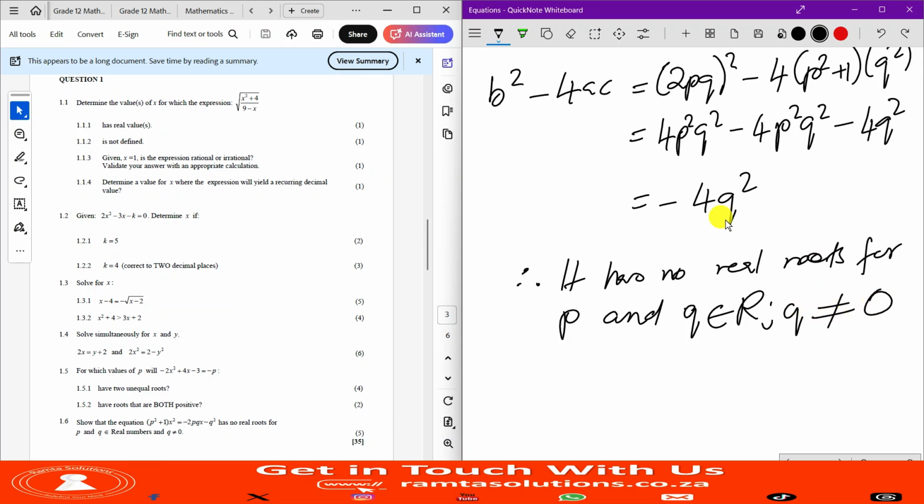So any q value you can think of, okay guys, except 0, you will always have your discriminant being negative. When the discriminant is negative, it means you have non-real roots, right? So if your q is 0, your discriminant will be real, and to be precise, you will have equal roots. This is why we say q is not equal to 0.